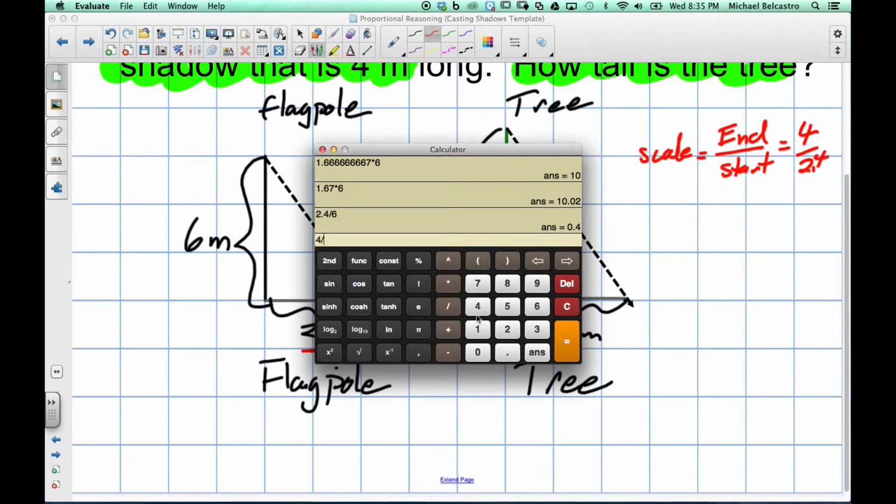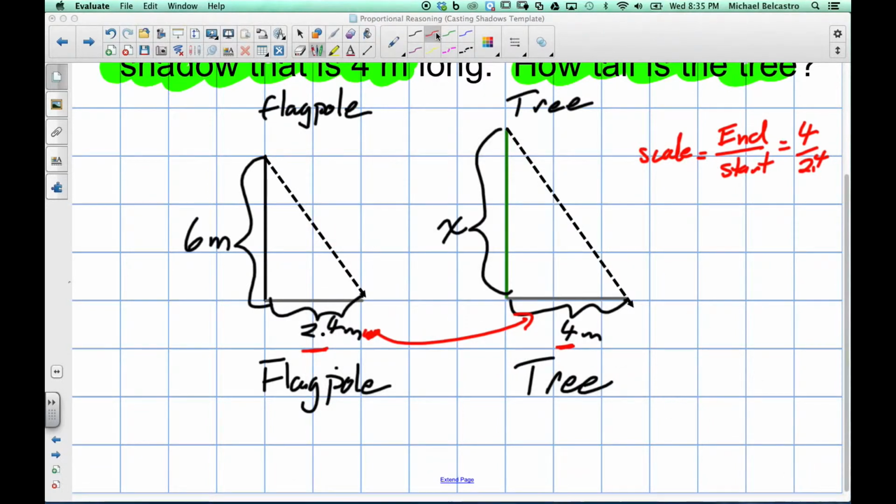We take 4 divided by 2.4 is equal to 1.666. Because this is a repeating decimal, our scale factor is 1.6 repeating. I want to be as accurate as possible. If I just round it to 1.67 or even 1.7, there's going to be some rounding errors. So let's try to keep this as accurate as possible.